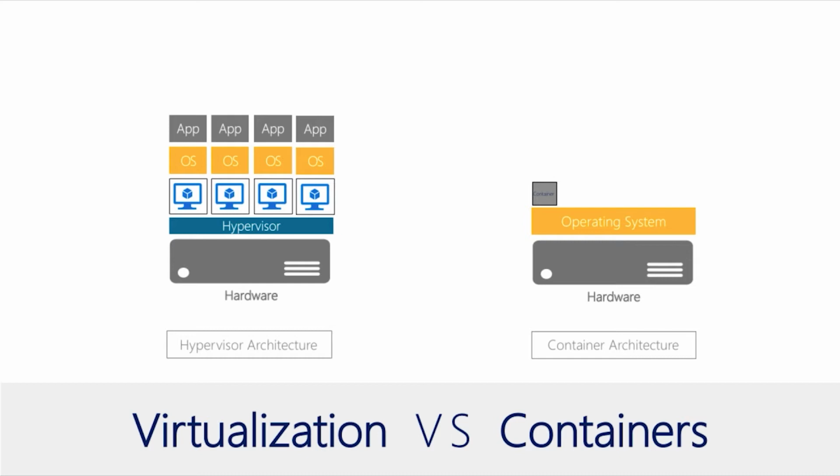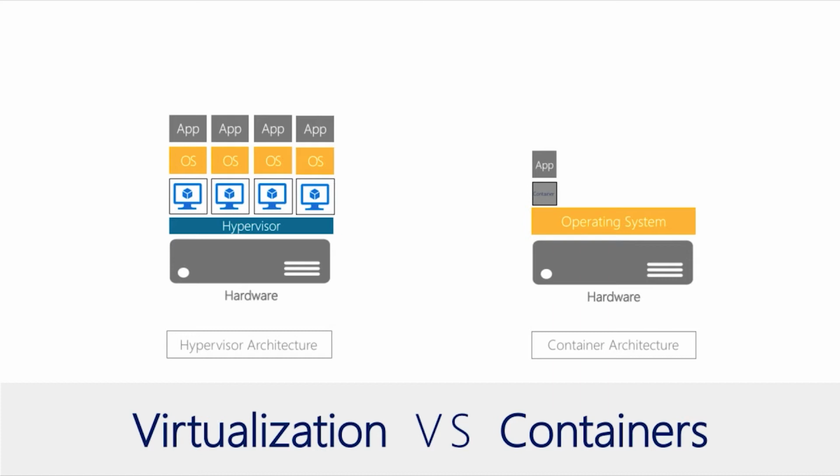Quite different from hypervisors, where the hypervisor abstracts the physical resource. The container abstracts the operating system. So instead of having multiple operating systems running on your physical machine, you're only running one operating system. Within a container, you can then run an application on top of it.